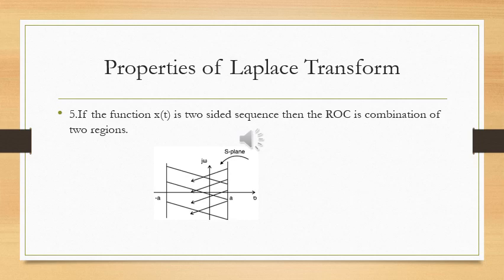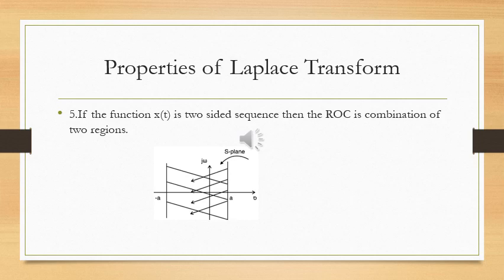Let us consider the last property of Laplace transform. If the function x of t is a two-sided sequence, then the ROC is a combination of two regions. Let us consider we have a signal which is the combination of two sequences. The first sequence is a left-sided sequence and the second sequence is a right-sided sequence.